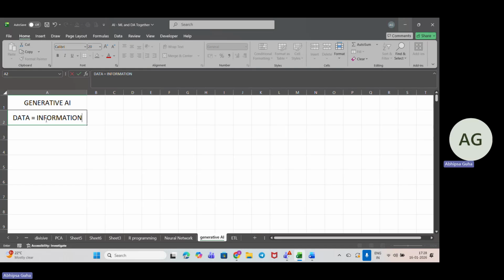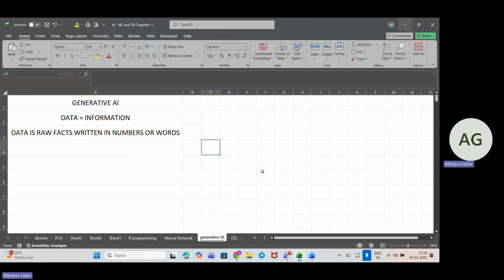These are the ideas you have about data. Data is raw facts written in numbers or words. So this is all about data.